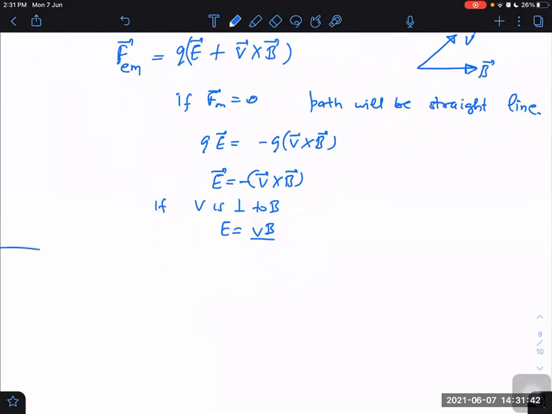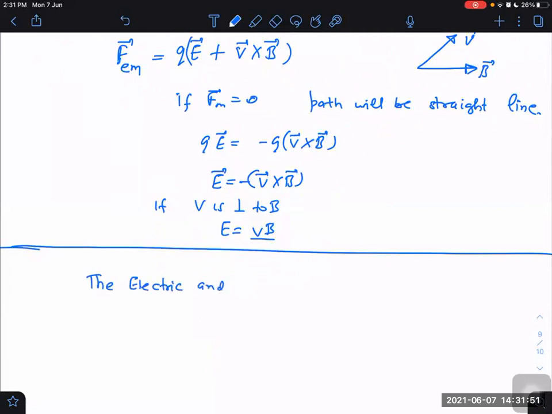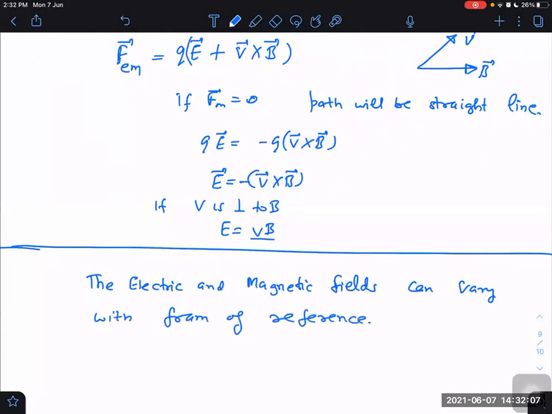one more thing I would like to add here. Electric and magnetic fields can vary with frame of reference.